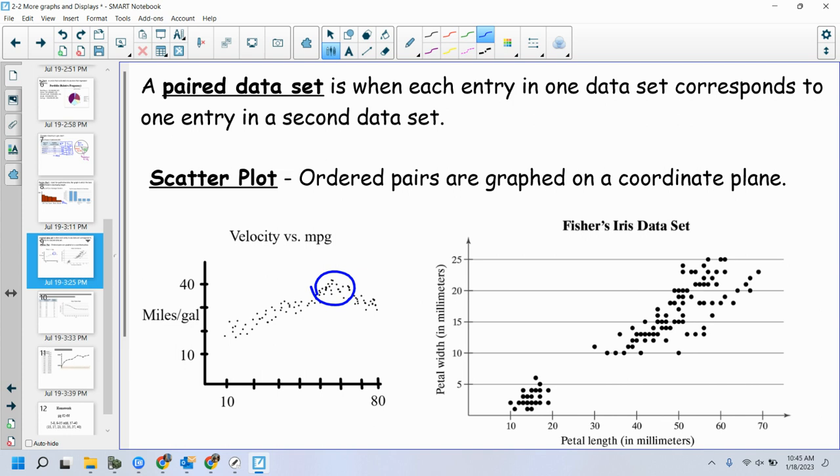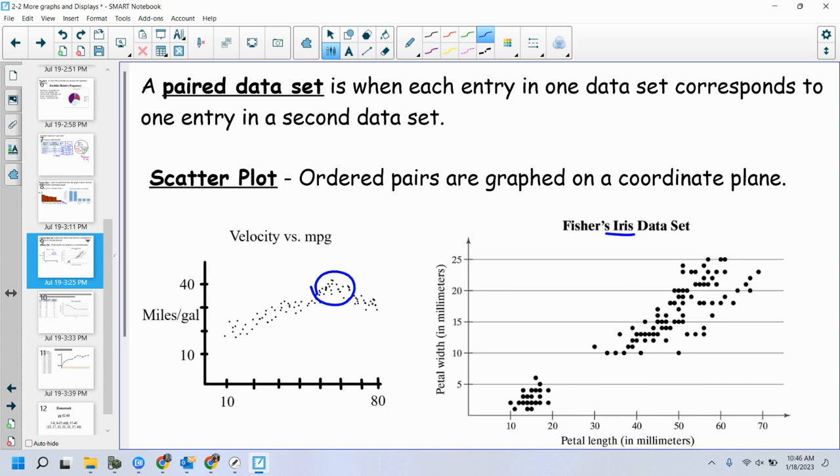Fisher's iris data set. What is that? Petal length? Oh, it's not iris in terms of eye, in terms of flower. I was like, what are you talking about? Iris, like the flower. Iris flower. So petal length as it corresponds to petal width.